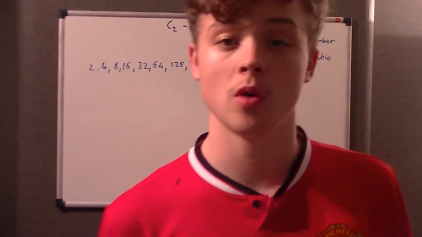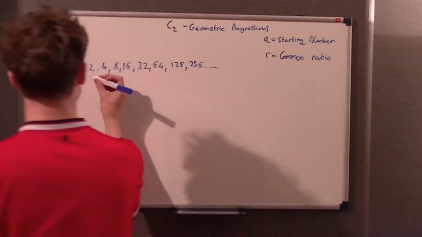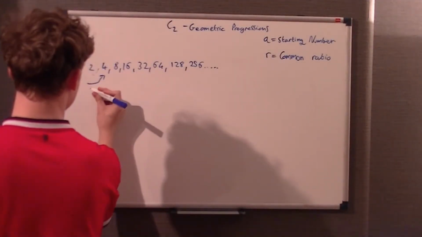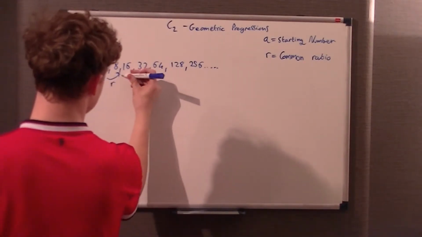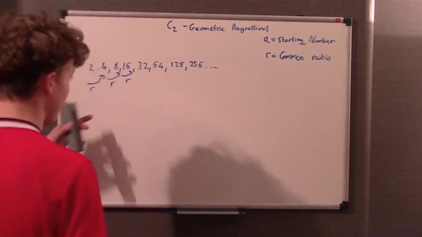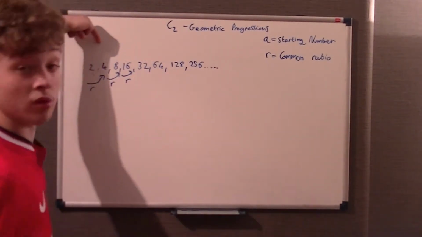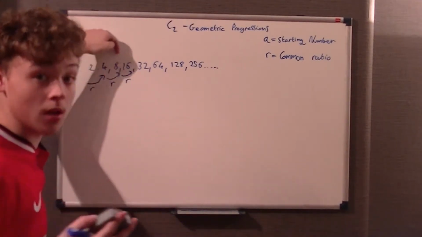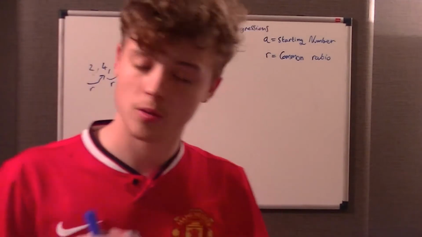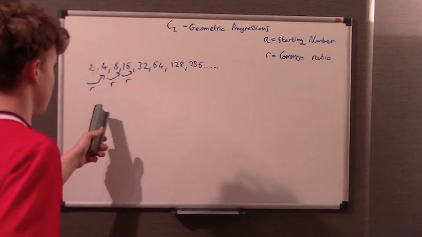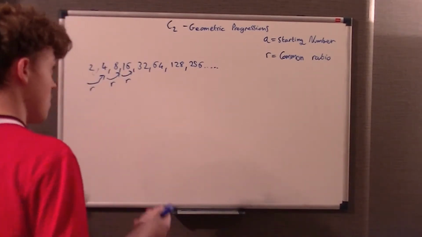Now the common ratio, as it's assumed, is common. So this basically means 2 to 4 equals R, 4 to 8 equals R, 8 to 16 equals R. We're not adding R each time, because the difference between 2 and 4 is 2, but between 4 and 8 is 4, so it's increasing each time. 2 to 4 is times by 2.